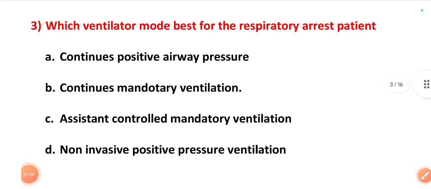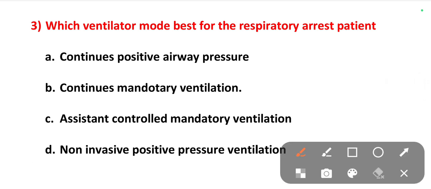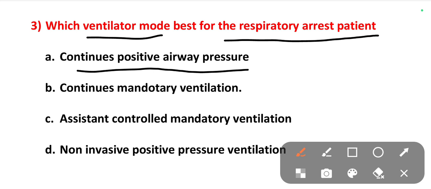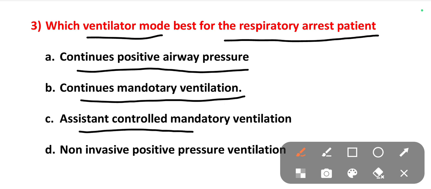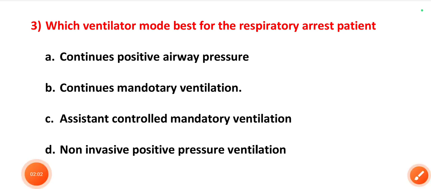The next one is which ventilator mode is best for a respiratory arrest patient? So when the patient is having a respiratory arrest, which mode is better for that patient? Options are continuous positive airway pressure, option B continuous mandatory ventilation, option C assist controlled mandatory ventilation, non-invasive positive pressure ventilation.